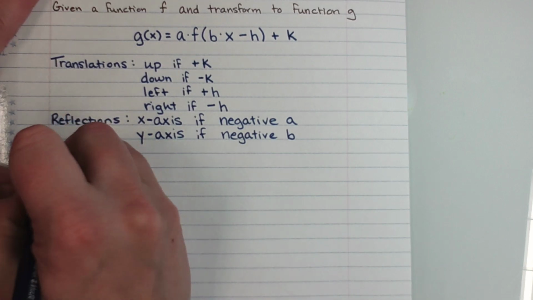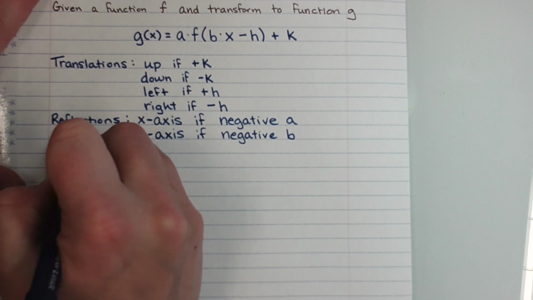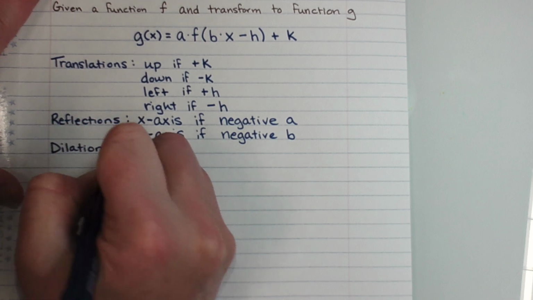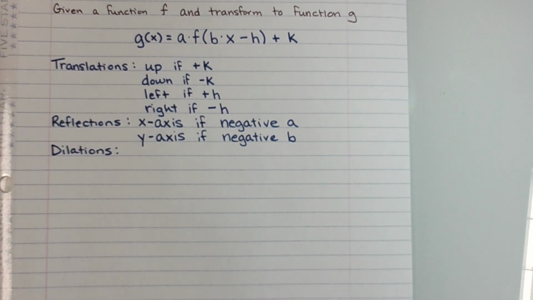And then we have the dilations. The dilations essentially being that vertical stretch and shrink. Today, here's that thing that we're adding, that we're doing a little bit differently. We are also going to introduce horizontal stretch and shrink today.